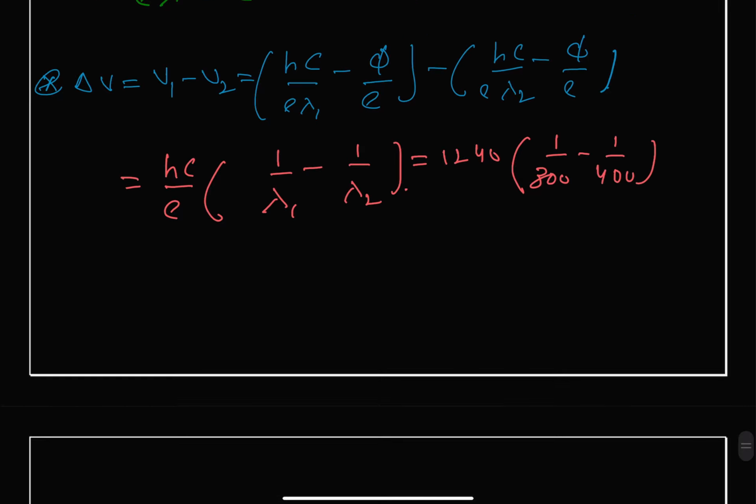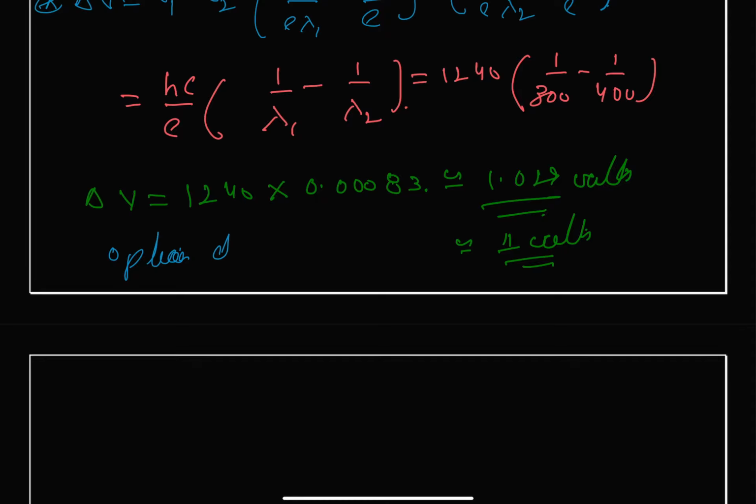So we can say option D is correct. This can be treated approximately as our 1 volt. You can say option D is correct. D is correct.